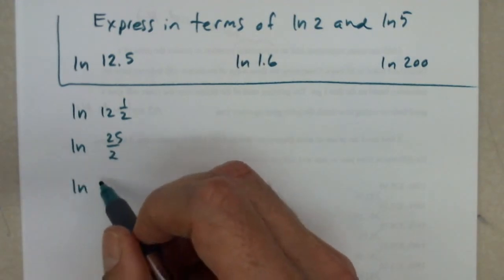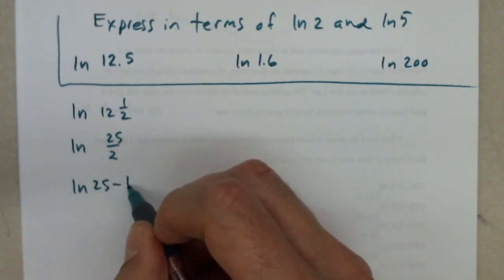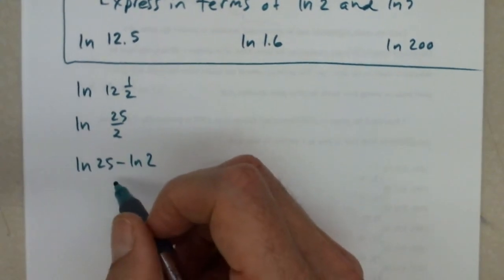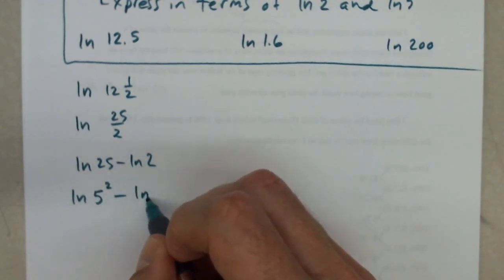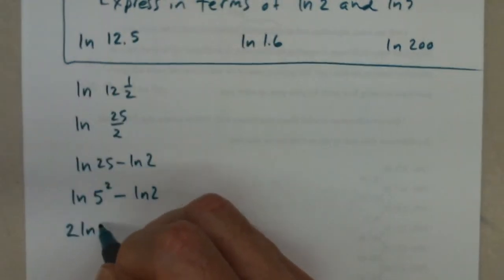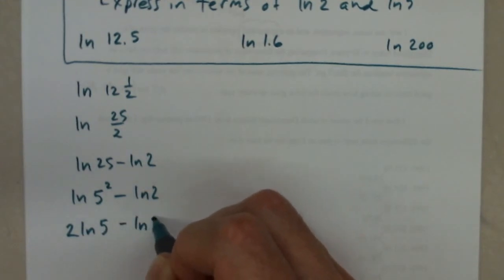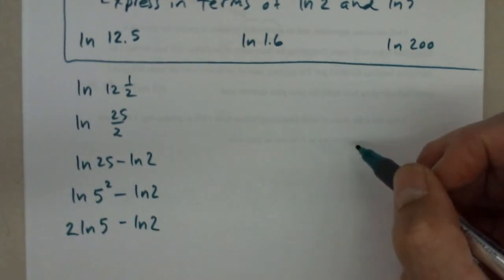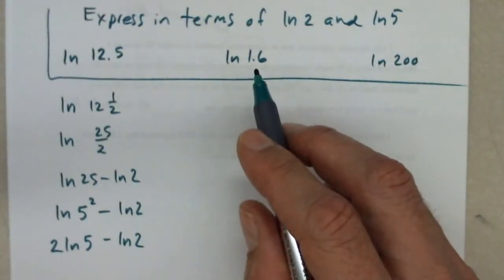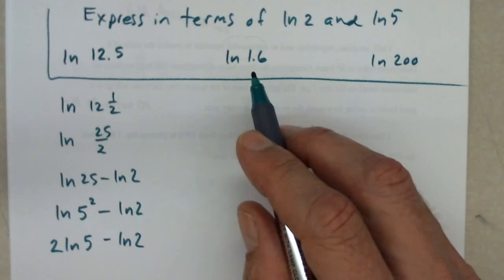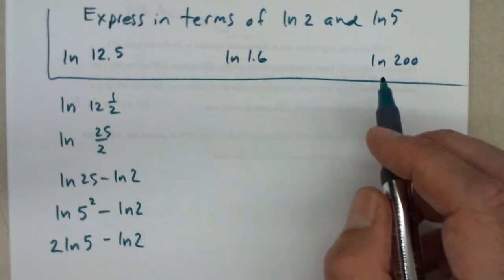So we can go natural log of 25 minus natural log of 2. And that's going to be natural log of 5 squared, 2 natural log of 5 minus natural log of 2. So in this one you'll write it as a fraction and do a similar strategy. So pause and try both of these.